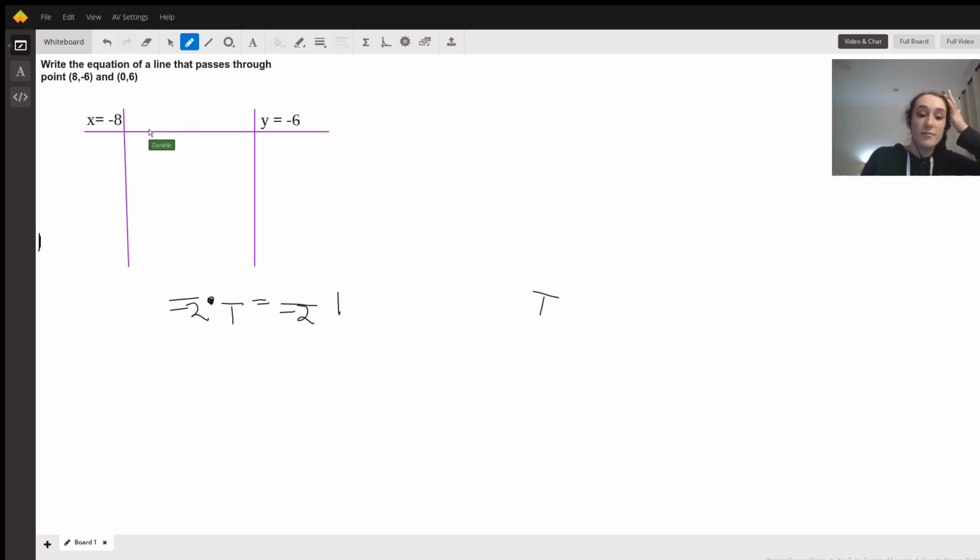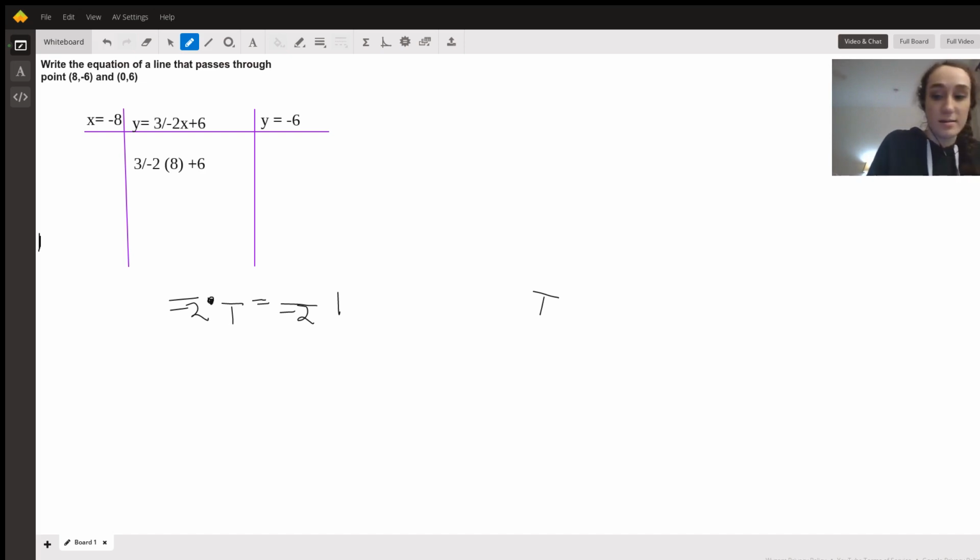So I'll put my equation in here. I have y is equal to 3 over negative 2 x plus 6. So for this one, I'm going to put in 3 over negative 2 times 8 plus 6.